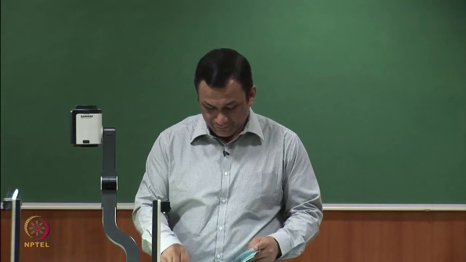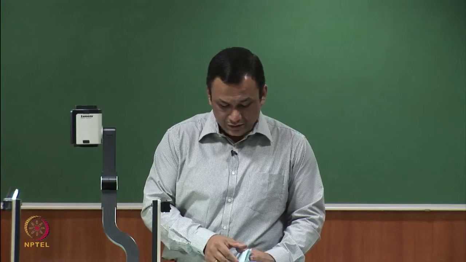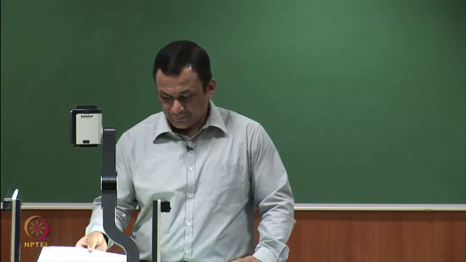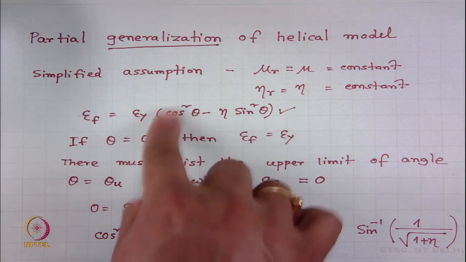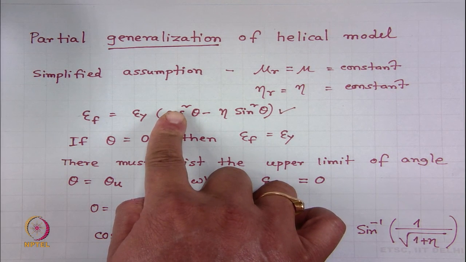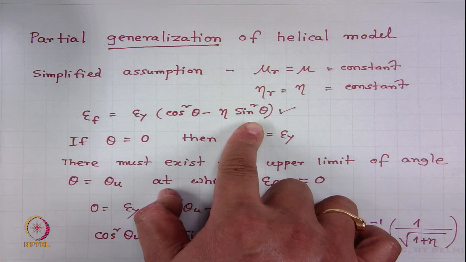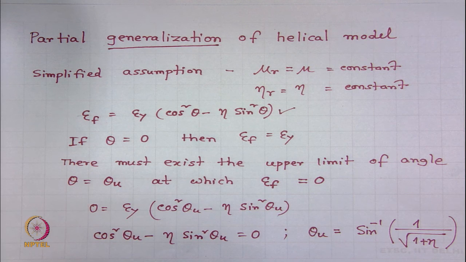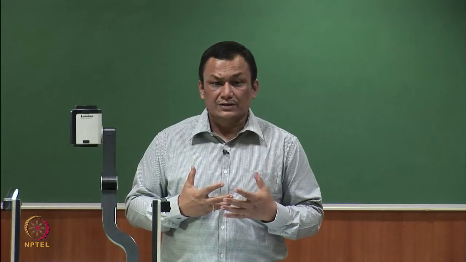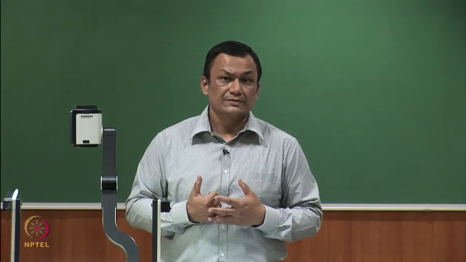If you use this, you see that when theta is equal to pi by 2, this becomes 0, this becomes some value 1, so it becomes negative. Epsilon f is negative. What does this mean? Physically, the fiber is not elongated, the fiber is compressed. Such a phenomenon is very difficult to imagine in practice.